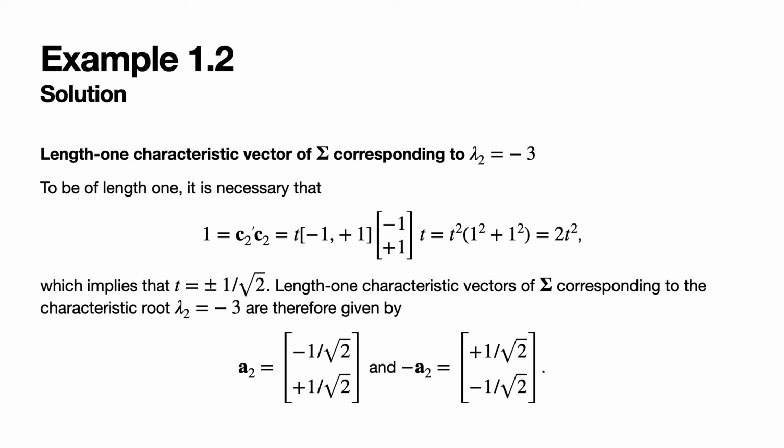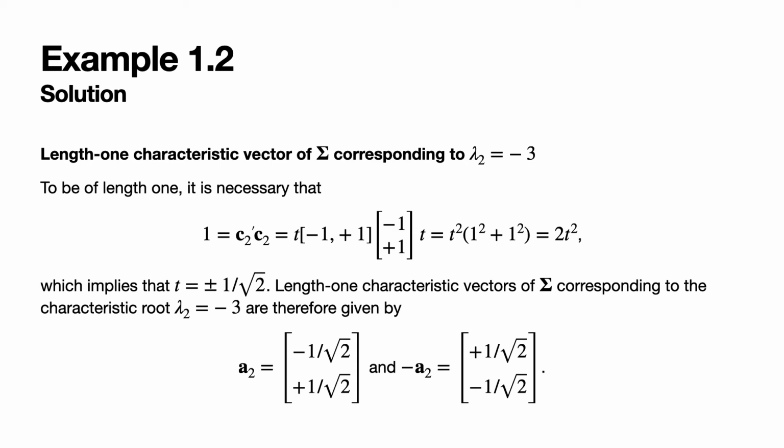To be of length 1, it's necessary that the squared length of C2 must be equal to 1 as well. The squared length is equal to the inner product of C2 with itself, or C2 prime times C2, and that turns out to be 2 times t squared. This implies that t must be equal to either positive 1 over the square root of 2 or negative 1 over the square root of 2.